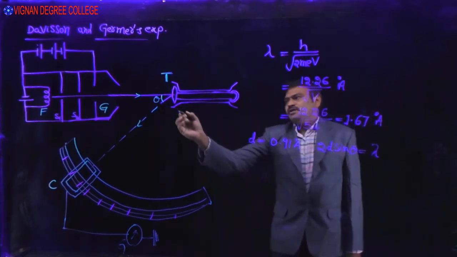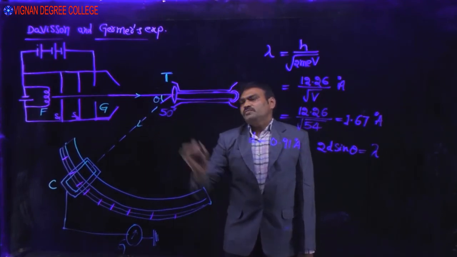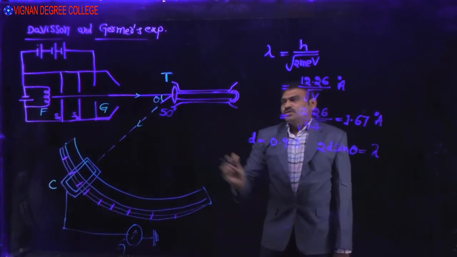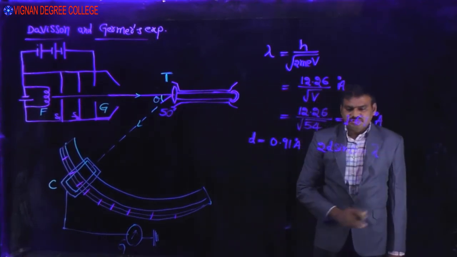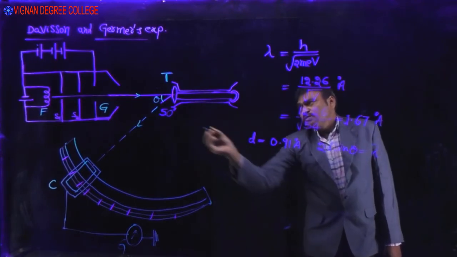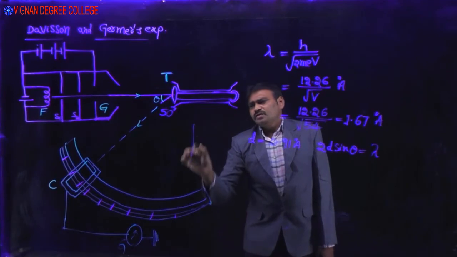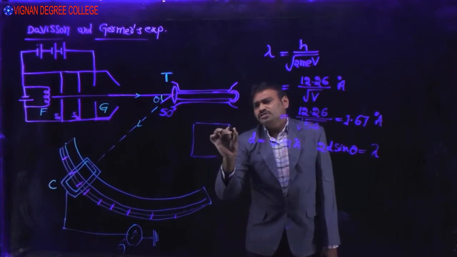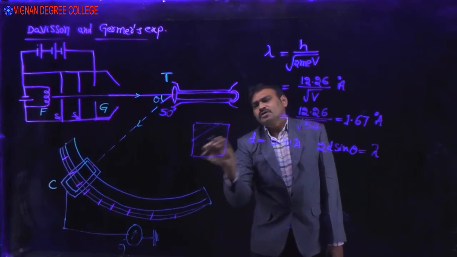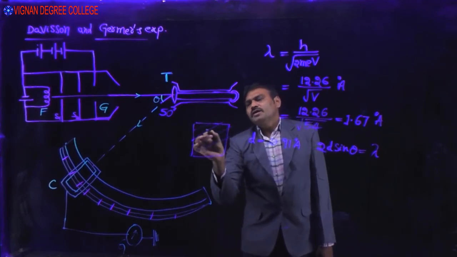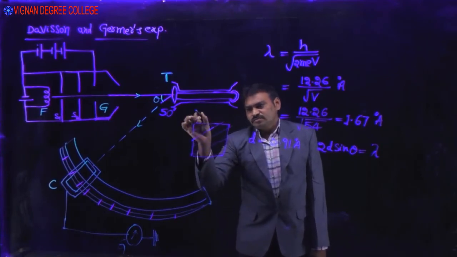In this experiment, at theta equal to 50 degrees, we got maximum bumping. So the corresponding angle of the Bragg's plane is found here. Consider a crystal. It has different planes. This is divided into different planes. The angle on a straight line is 180 degrees.